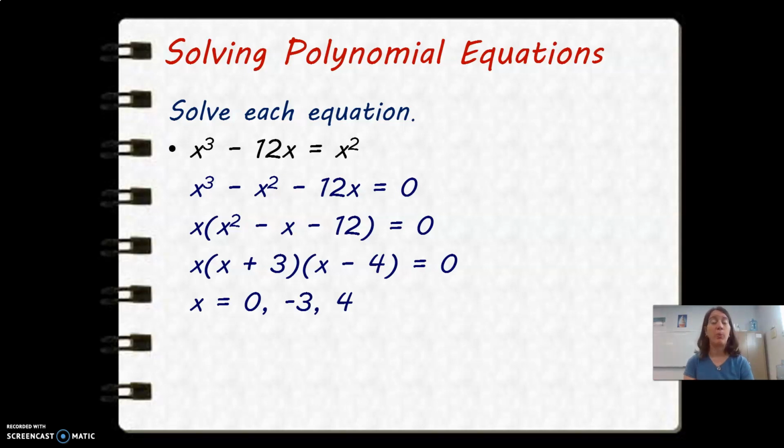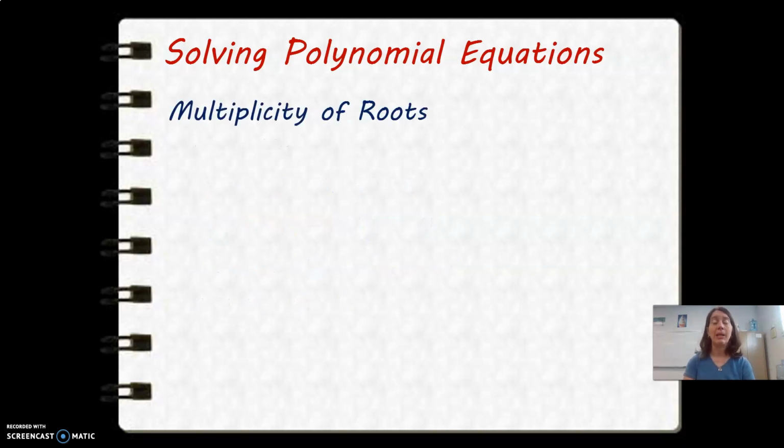So it doesn't matter which way you set it up, using the shortcut or writing each of your questions individually out. Notice the question did have an x to the third, and that clues us that we're probably going to have 3 answers, and I do have 3 different answers on this question. Now, going back to that concept that I told you, where one of the answers shows up multiple times because of the exponent that's on that, what that's called is a multiplicity of root.